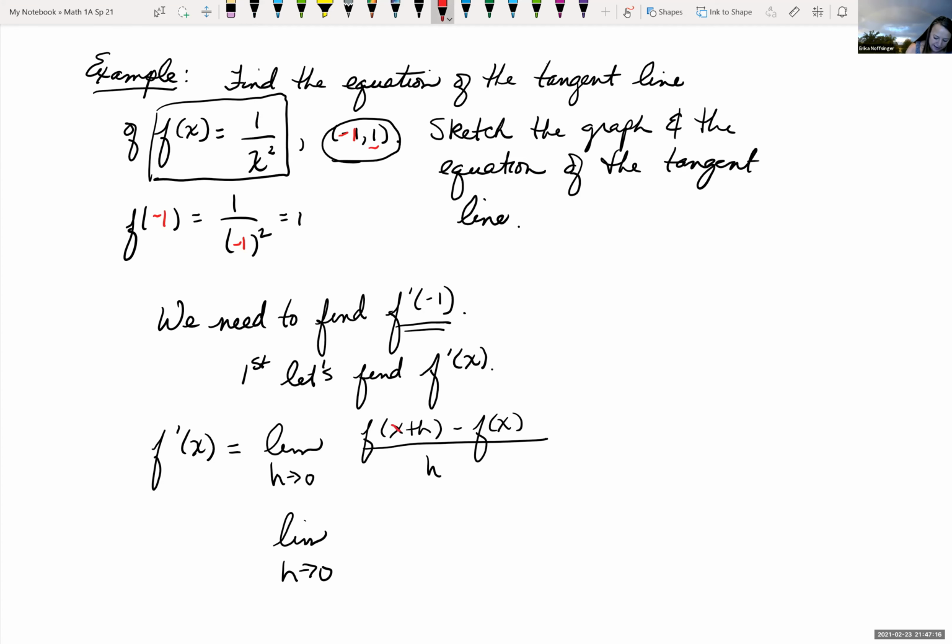Well, if I'm plugging in x plus h wherever I see an x, I would have 1 over that quantity, x plus h, and then it's squared. And then it says minus our original function, f of x. Well, that's just 1 over x squared. And then we're going to put this whole thing over h.